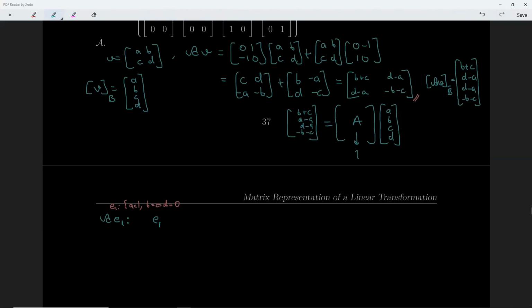I will compute A of E1 and express it in terms of E1, E2, E3, and E4. What is the coefficient of E1 if I would like to express A of E1?